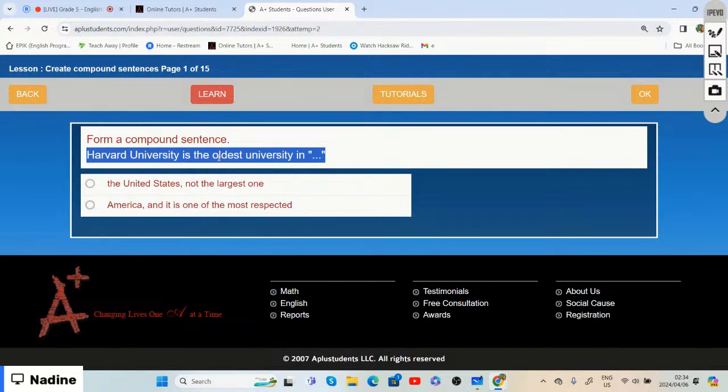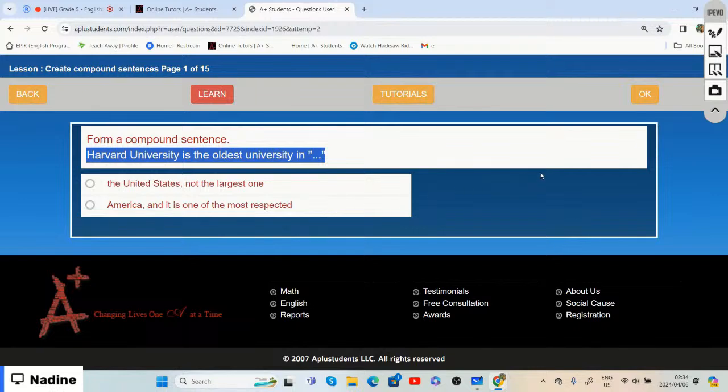It says "Harvard University is the oldest university in the United States, not the largest one," or do we say "Harvard University is the oldest university in America, and it is one of the most respected"?